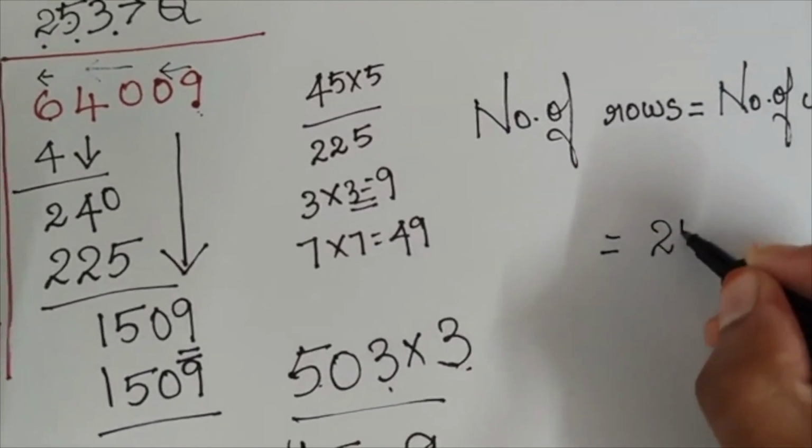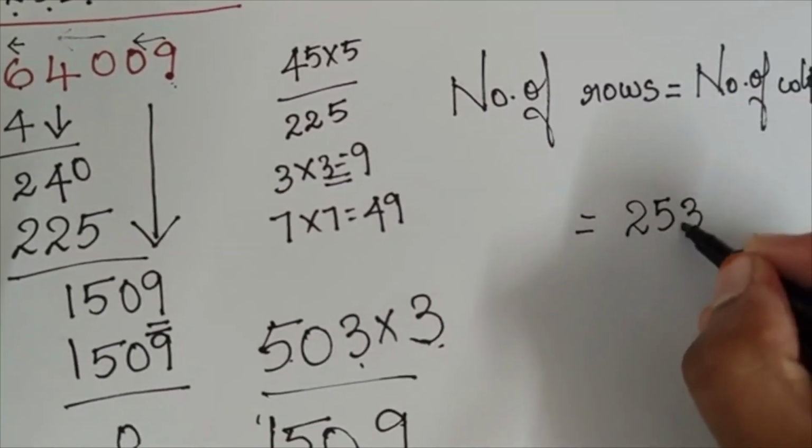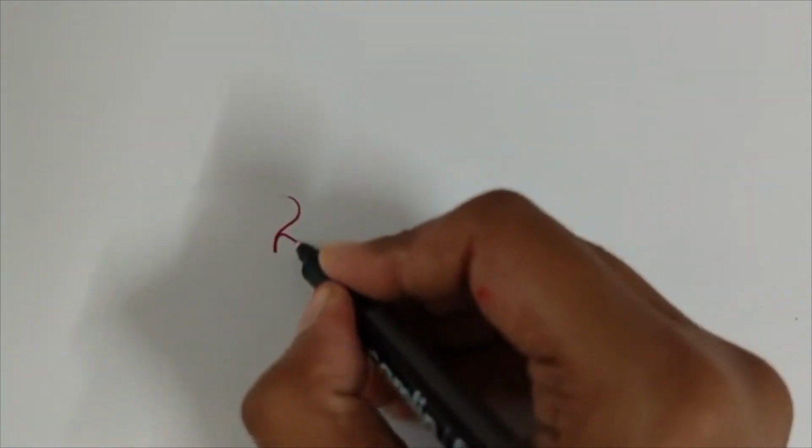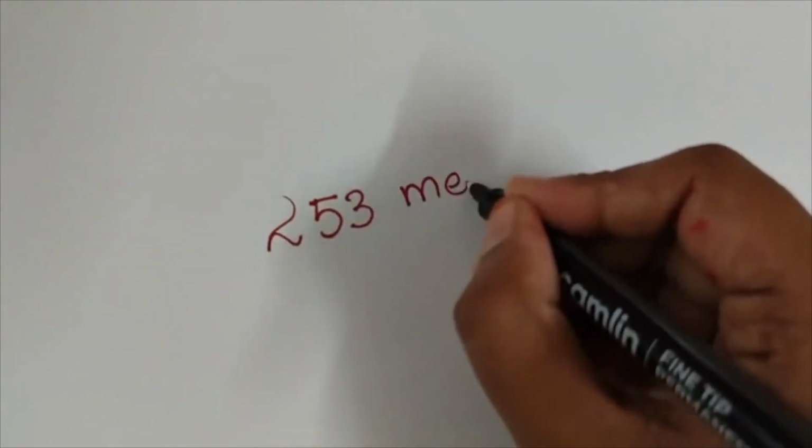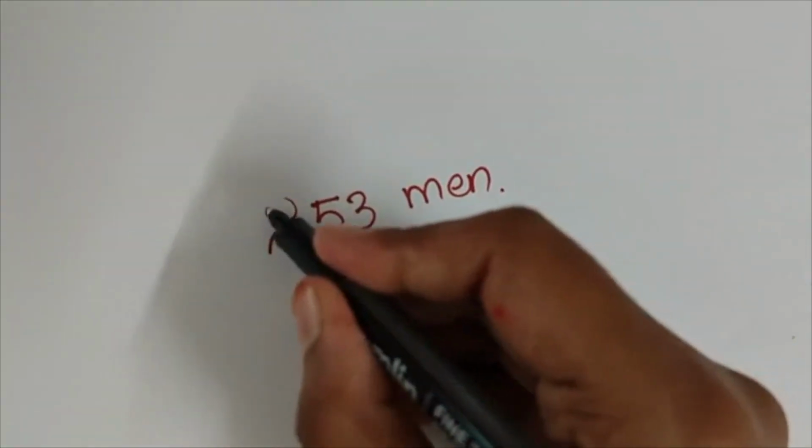So this is nothing but 253. In the given question, they are asking how many men are there in the first row. Since the number of rows and number of columns are equal, in all rows and in all columns, there are 253 men. This is the final answer.